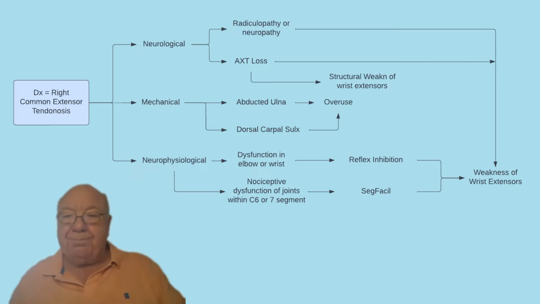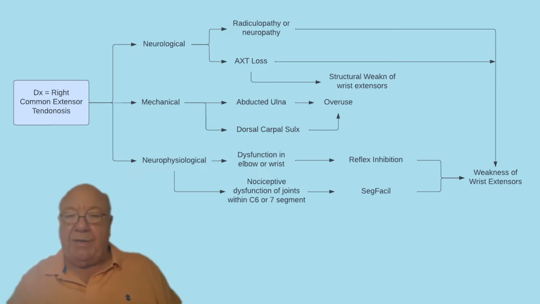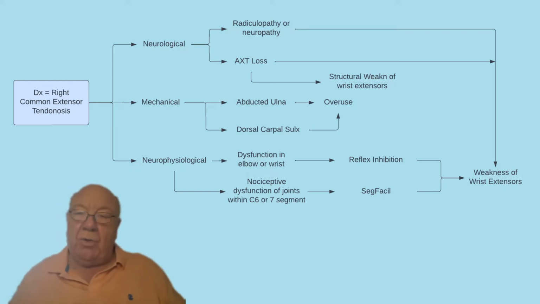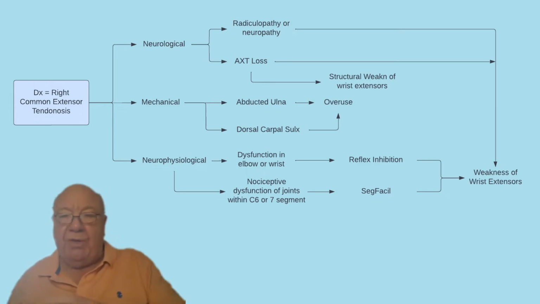So an abducted ulnar, for example, or an extension hypomobility in the wrist will all cause these muscles to overuse. This is one model, the one model I'm using. So because you can't get full range extension, your proprioception drops because of that, and so you require more from those muscles, producing that overuse.